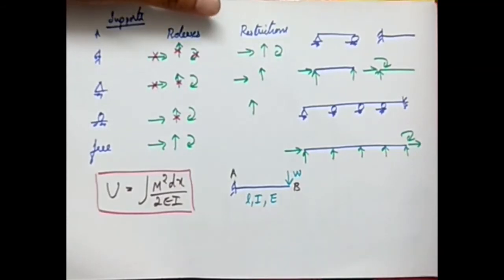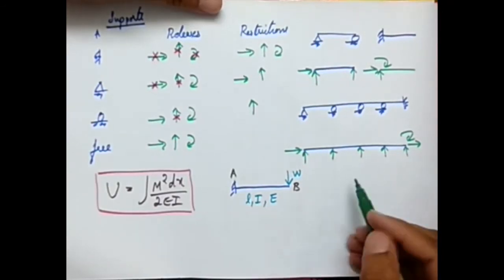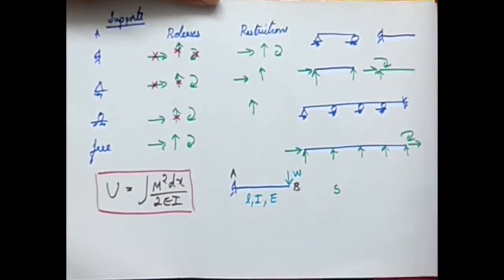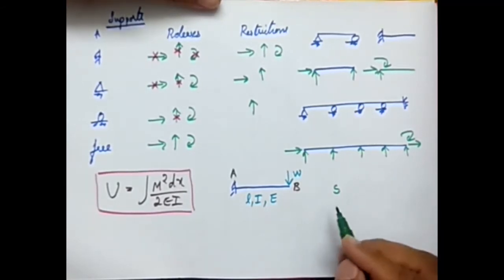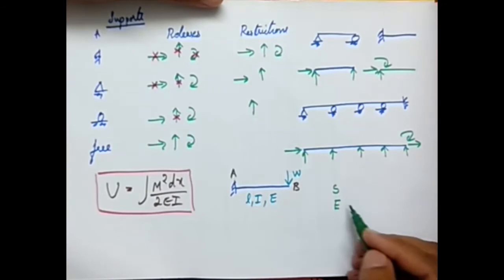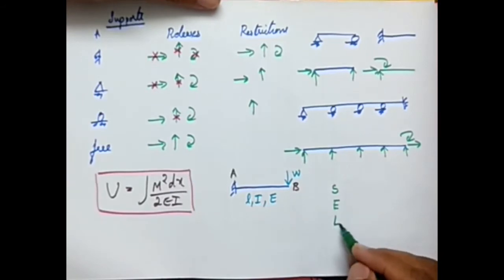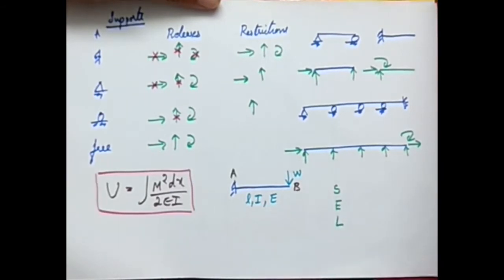I'm giving the table here, starting with S to represent segments, E represents elasticity or flexural rigidity, then I have L, which represents the length or limit, then O, which represents the origin, and finally I have M.